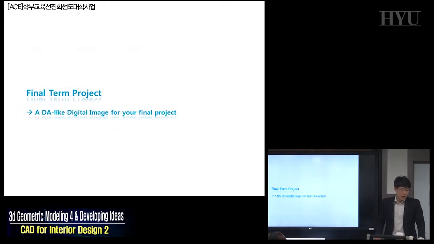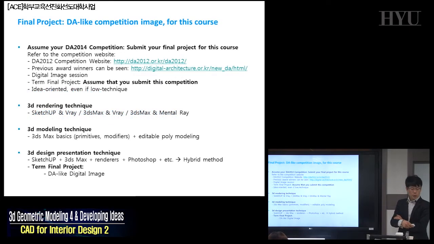Okay, digital architecture competition like digital image is the subject of your final project. That is what you have to create, one single page for the final term project. All the requirements and what you have to do are kindly listed up on this website, DA for 2014.